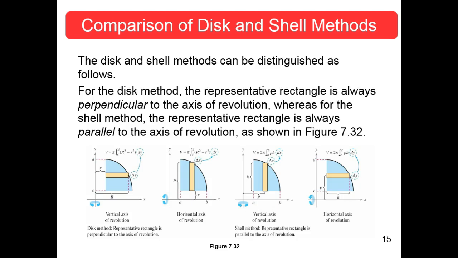If your axis was over here somewhere, or over here somewhere, then you have some more finagling to do, but it's still a pretty easy process. But it's 2 pi times the radius of revolution. 2 pi times the radius is the circumference, times the height, times the thickness. So that gets you your volume here. Here it's pi times the r squared.